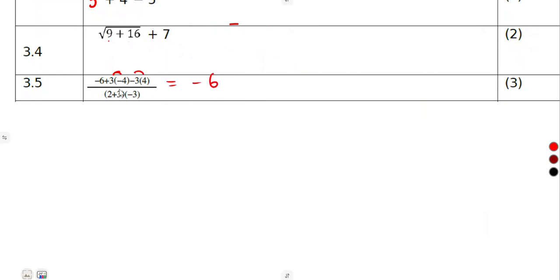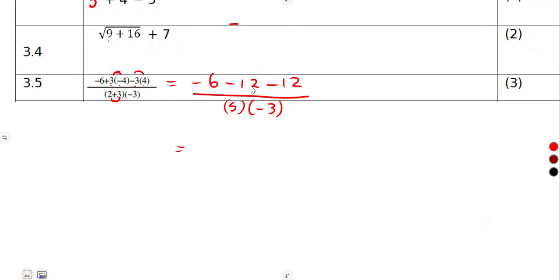So that's -6. 3 times -4, that's -12. Minus 3 times 4, that's -12. Over what? Over this 2 plus 3, which is 5, times -3. All right, we had a similar question like this, exactly as it is. You see, they repeat these questions.